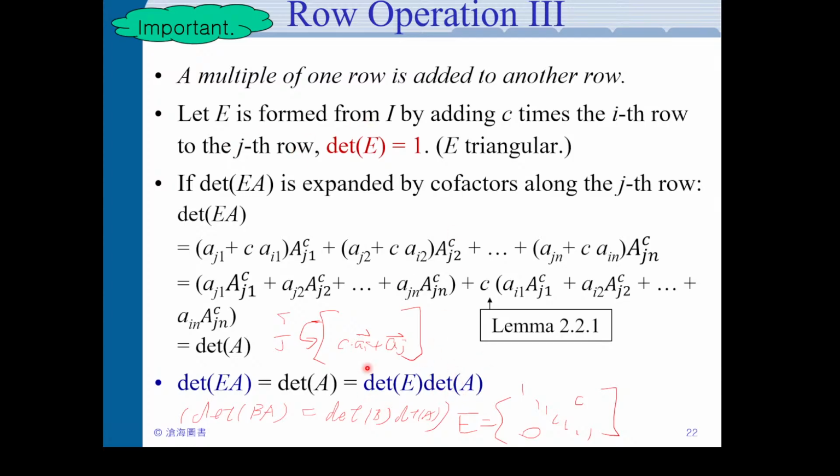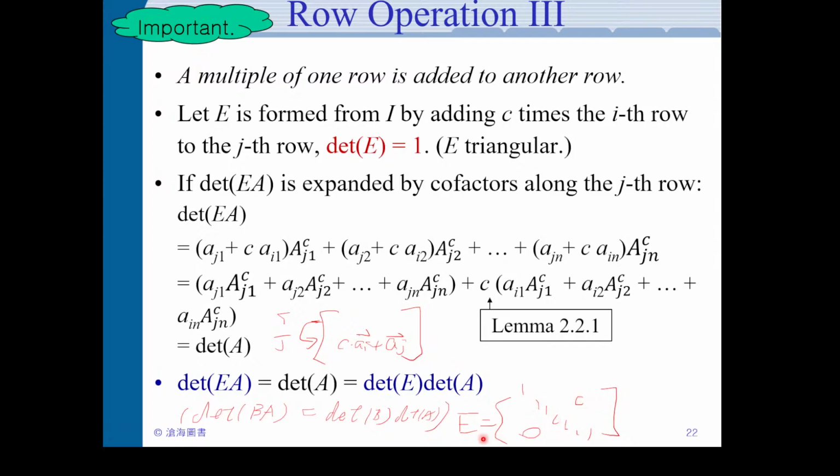Let's first calculate the determinant of this elementary matrix here. The elementary matrix of the third kind looks kind of like this. You have the identity matrix, and you add one row of the identity matrix multiplied by some number C to another row. So you have a whole bunch of 1s and 0s everywhere except a C somewhere.